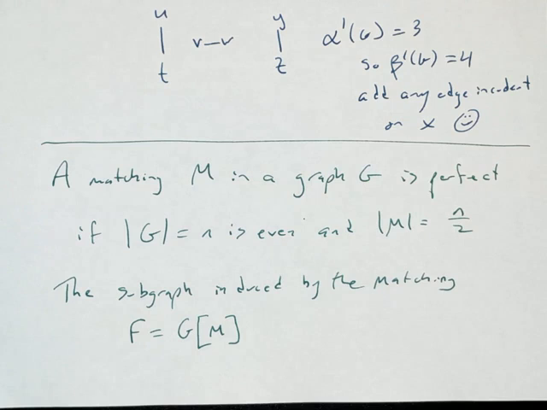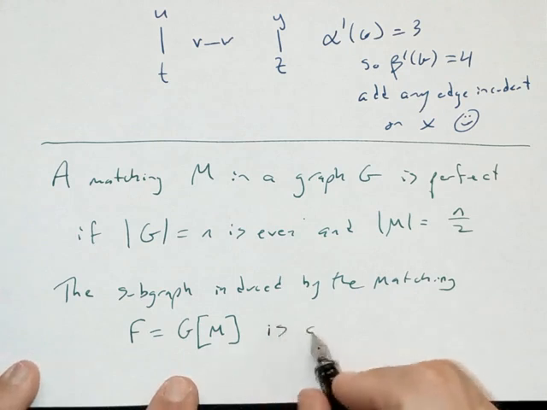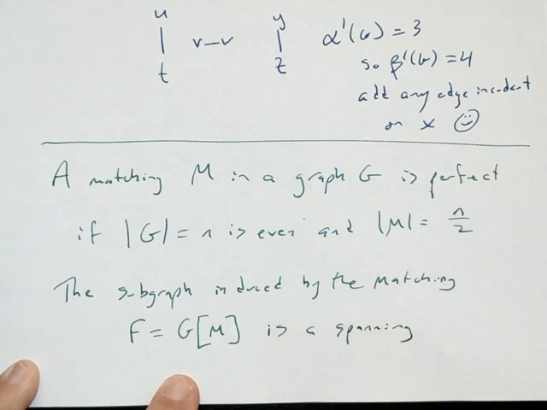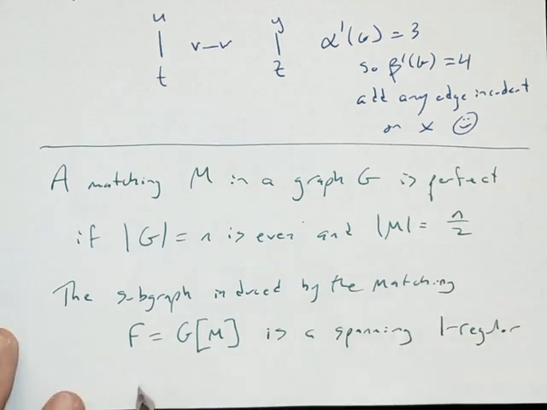Spanning. Ha. And since it's a matching, it's a copy of a bunch of T1s. Two vertices with one edge, which makes it one regular.